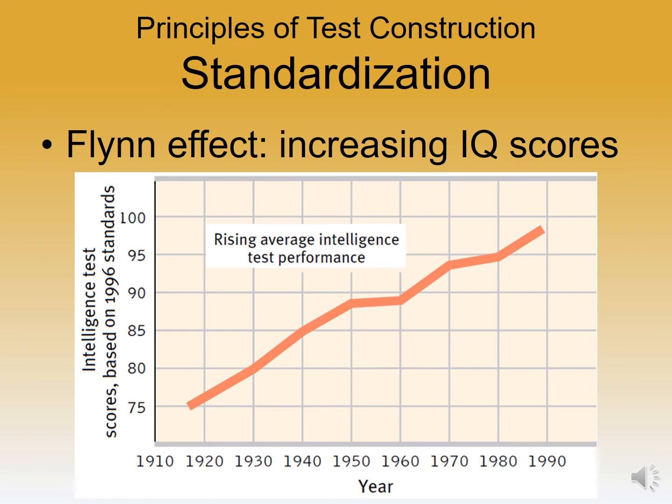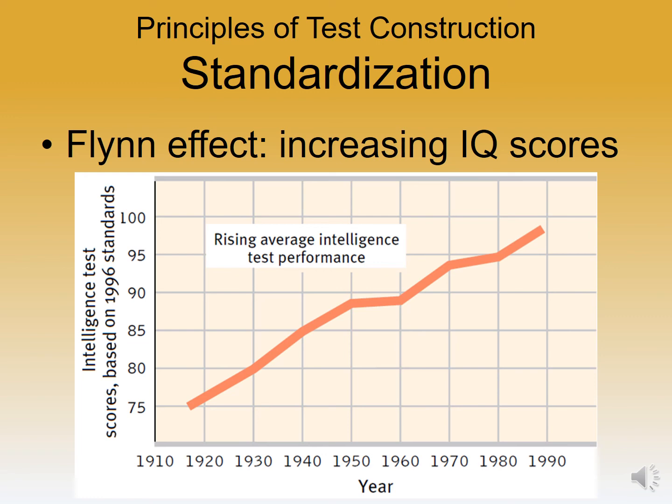So on average in 1920, people were scoring a 75. On average in 1990, people were scoring almost 100. And there's a lot of speculation about what causes the Flynn effect, why all of a sudden, 70 years later, are people scoring so much higher.